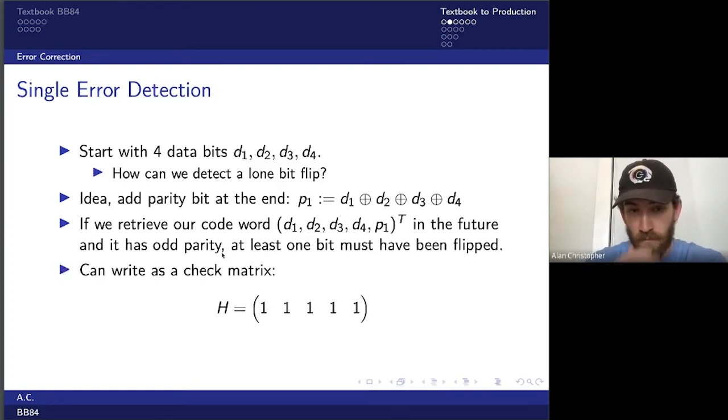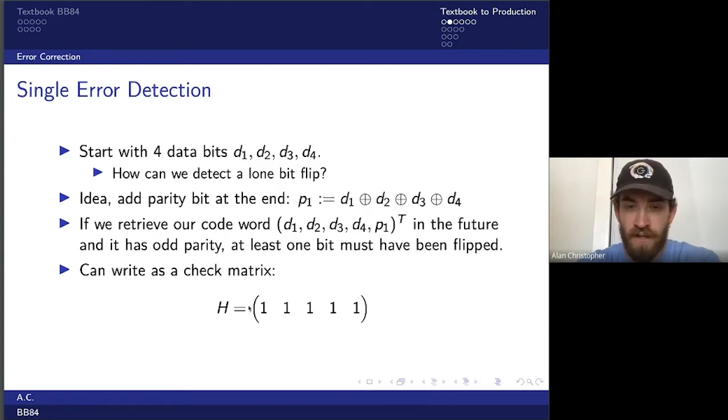And I'm going to introduce some notation here, which allows us to write this idea of having a parity bit more succinctly and allows us to write more complicated parity checks fairly succinctly, and that's a check matrix. So we're going to have this matrix H, which if we multiply into our code word is going to create our parity checks. So our total parity bit is checking every bit in the code word.